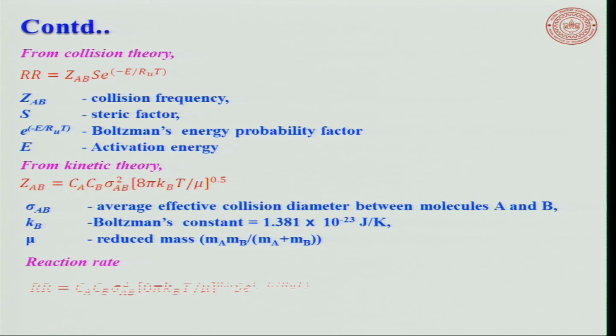So, if you look, the reaction rate comes as C_A C_B, and sigma squared_AB is basically 8 pi k_B T by mu.